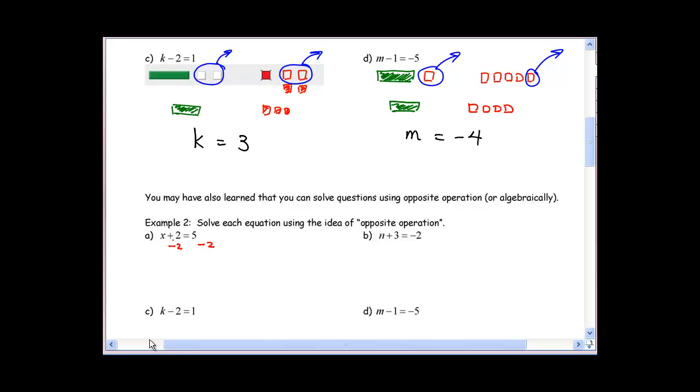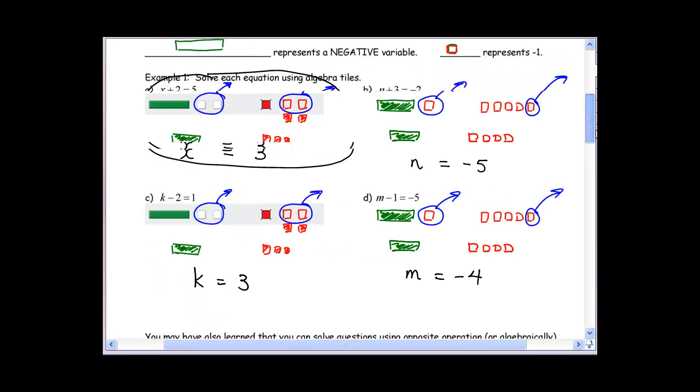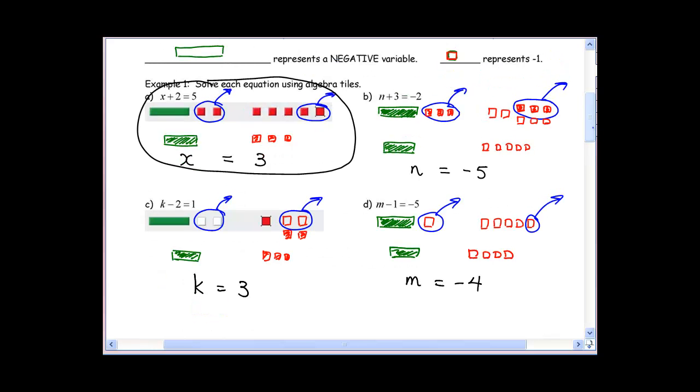And that leaves us with just x on the left because 2 minus 2 is 0. And on the right-hand side, 5 minus 2 gives us 3. And there's our answer. x equals 3. Same as above? Yep, totally the same. That's good.